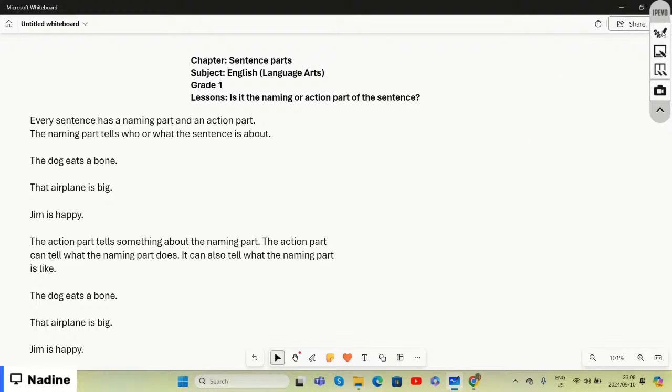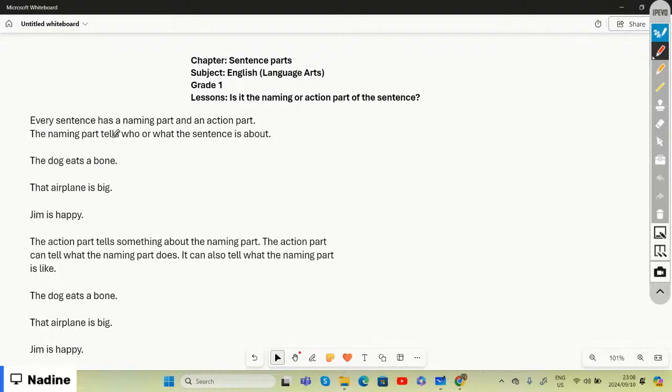And if we look at an example, right? So once again, we say that with each sentence, we have a naming part, and we have an action part. And the naming part of the sentence tells us who or what the sentence is about.